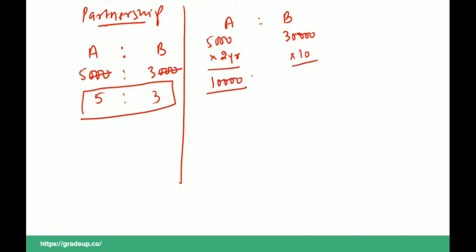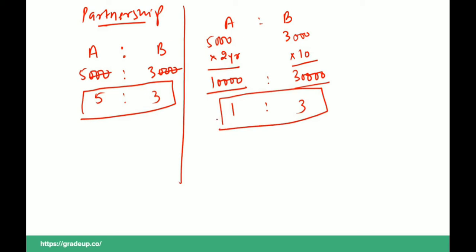But if A invests 5,000 rupees for 2 years and B invests 3,000 rupees for 10 years, now what? Total capital of A becomes 10,000 and total capital of B becomes 30,000. So now we can say profit will be shared in the ratio 1:3. I hope this is clear to all of you.